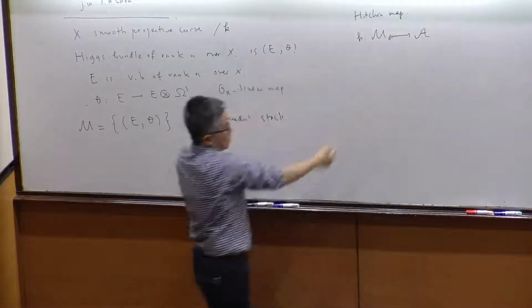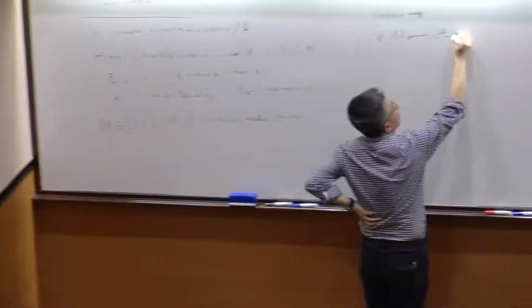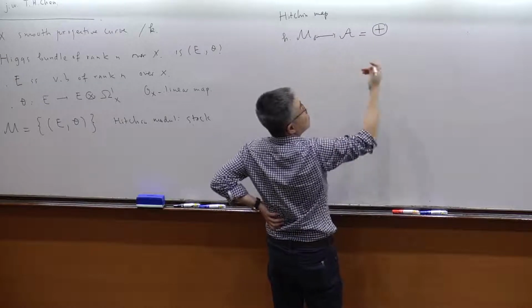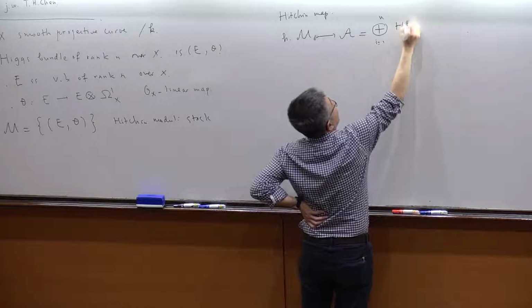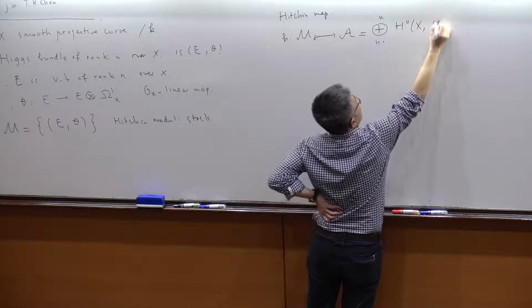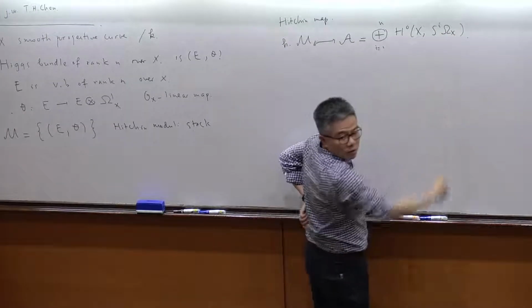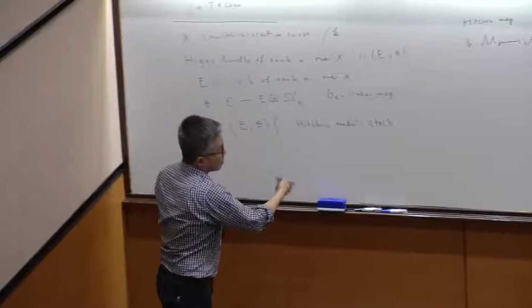So A is a higher dimensional affine space, which is a direct sum of spaces of symmetric differentials. Here in one dimension, it's just tensor powers of omega_X, right? And the map in this case is completely obvious.